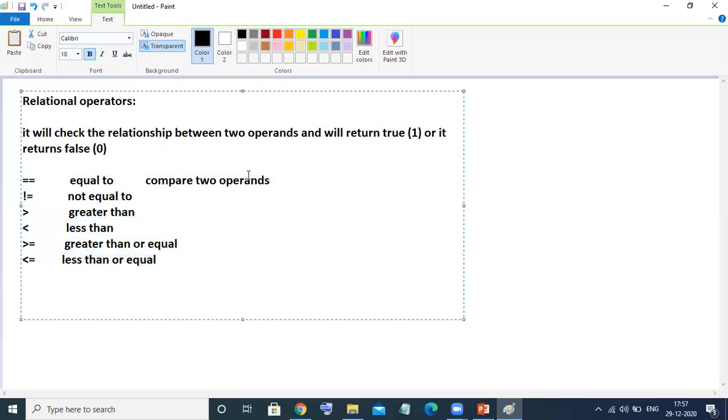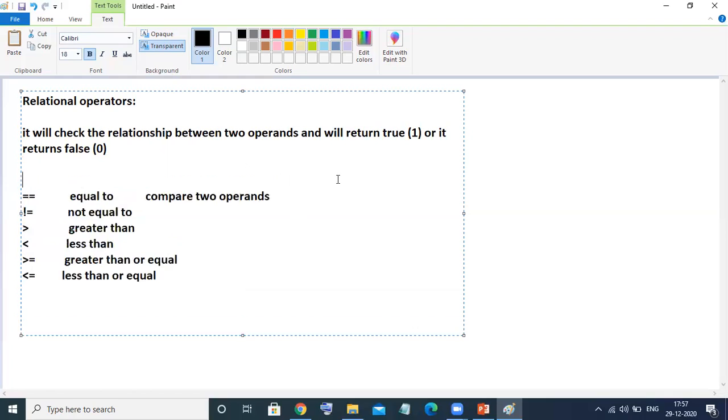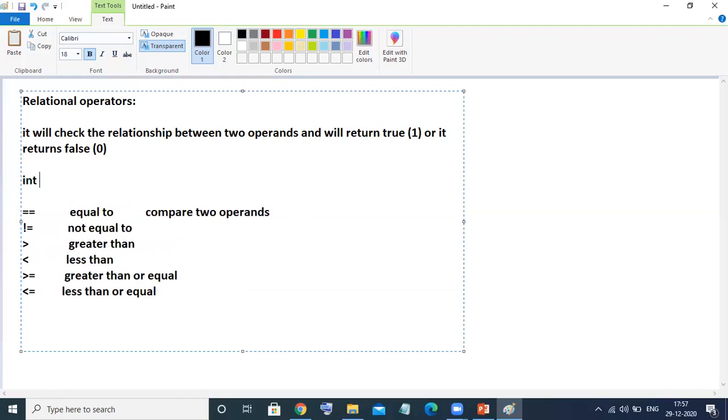For example, if I take one example here, like int x = 10, y = 15.